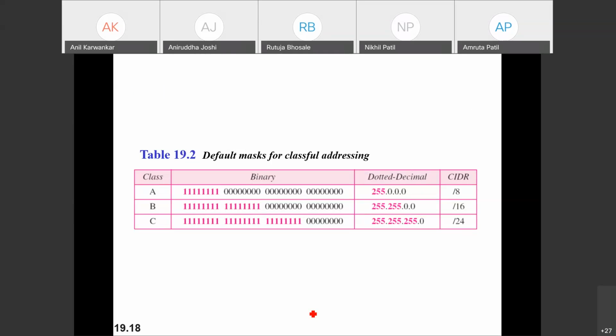So whenever I am taking 192.168.1.1, 192.168.1 will represent the network identification or network ID, and the last byte ranging from 0 to 255 will define the host ID.